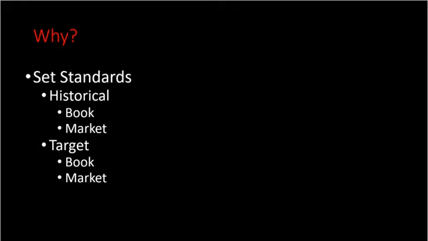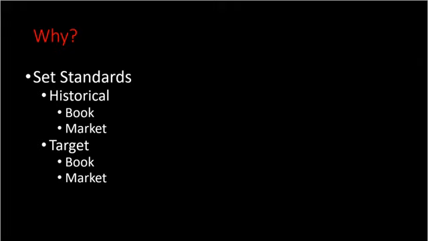Now we also have your book and market standards. When we say book standards, this is based on the information coming from the company, from its own books. When we say market standards, this will come from the information coming from the industry, or coming from the market.